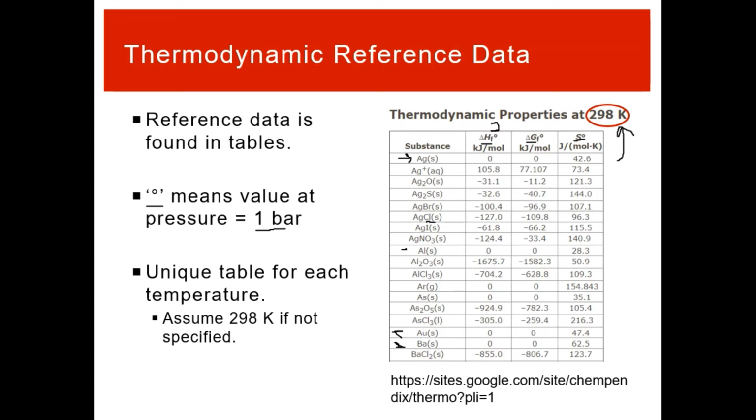If you were doing chemistry at a different temperature, you would need to get a different table. 298 K, that's 25 degrees Celsius. We assume that everything's happening at that room temperature. Even our lab at Lee is usually at about 20 or 21 Celsius. It's usually very cold in there. But still, the answers you're going to get from an analysis like this are going to be pretty good, even if you assume it's 25 degrees Celsius.